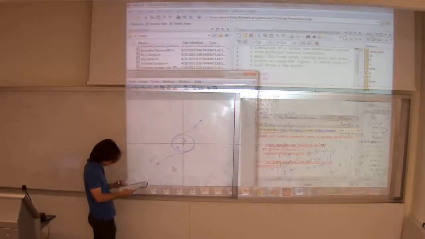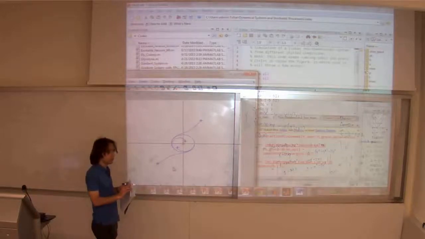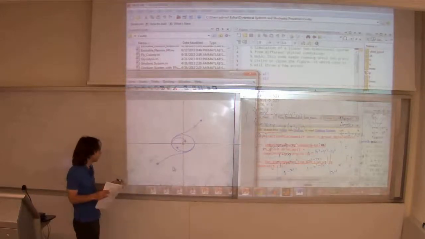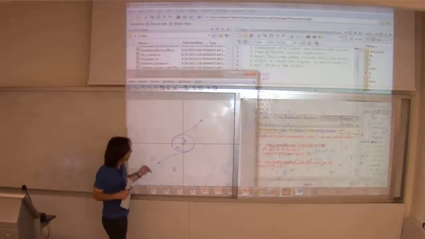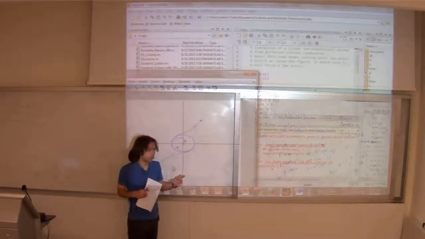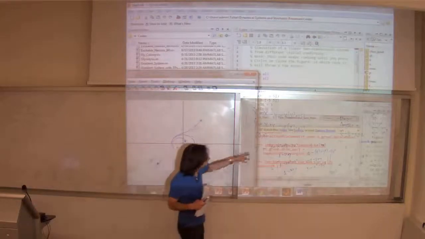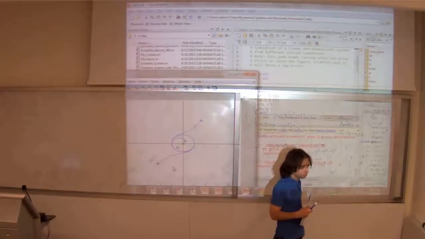How do you find the direction of the spiral? Well, in your exercise, you were able to find the direction of the spiral based on, say, the Jacobian at the fixed point.